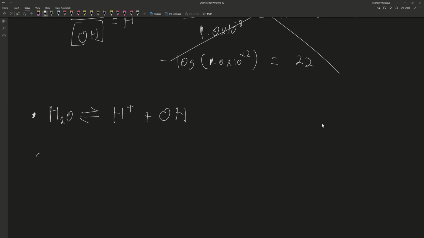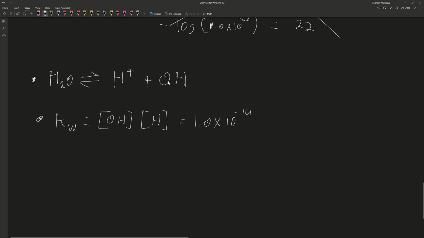We also know that Kw is equal to the concentration of OH multiplied by the concentration of H, which is equal to 1.0 times 10 to the negative 14th.